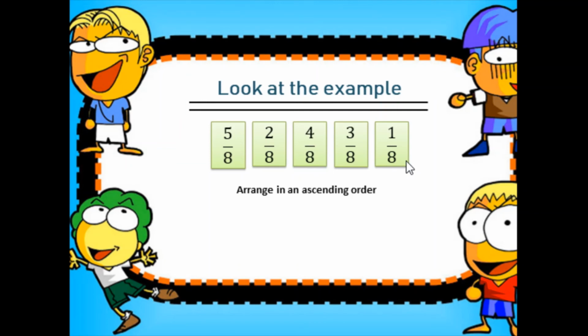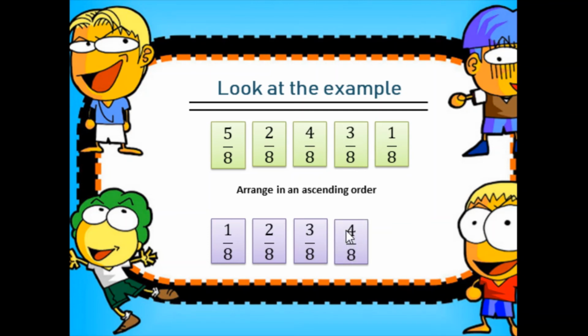That's if your fractions are like fractions. It's very, very easy. So what's the answer? 1 eighth, 2 eighths, 3 eighths, 4 eighths, and 5 eighths. This is ascending order. All the numbers are going up.